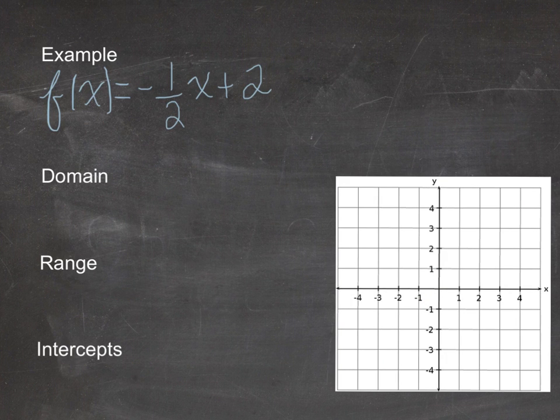So f of x is negative a half x plus 2. Again, I can do a table of values if I want, or I can just graph it. It's in slope-intercept form. So I have my y-intercept of 2, and my slope is negative a half.